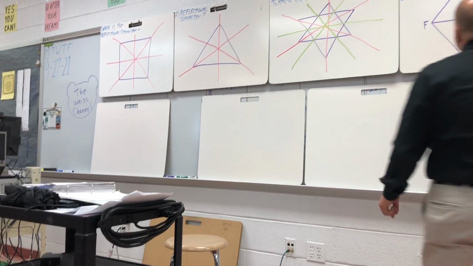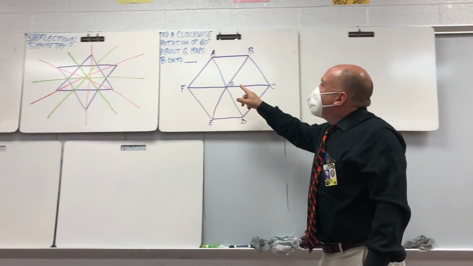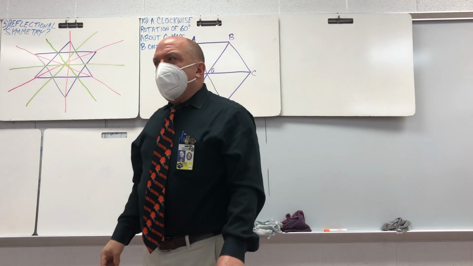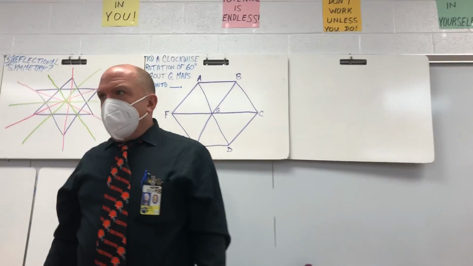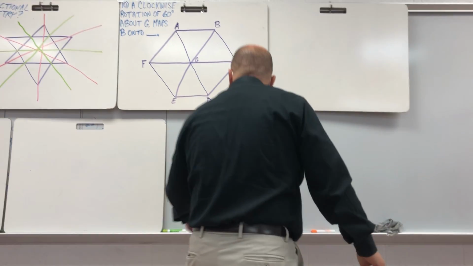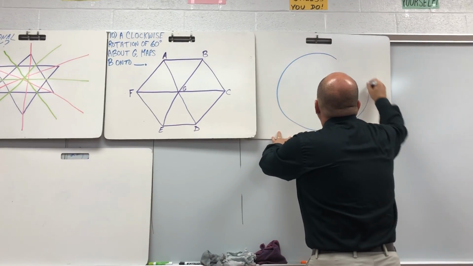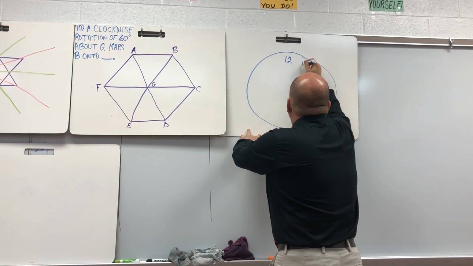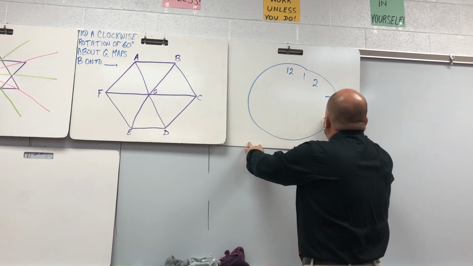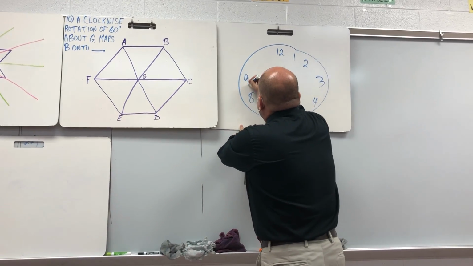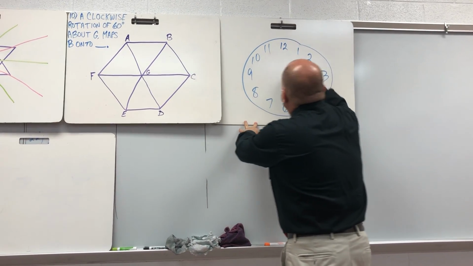Now, over here. Does everyone understand the term clockwise? Okay. So let's talk about a clock for a second. A clock goes 12, 1, 2, 3, 4, 5, 6, 7, 8, 9, 10, 11, and back to 12.